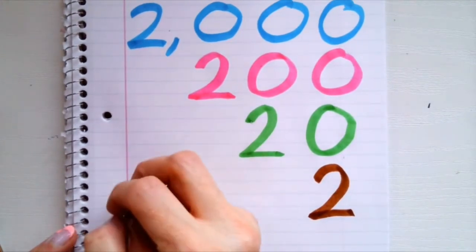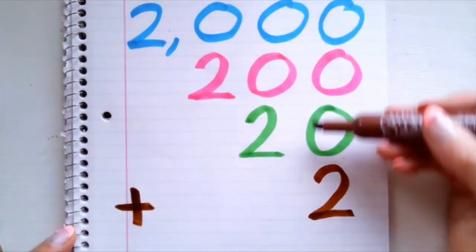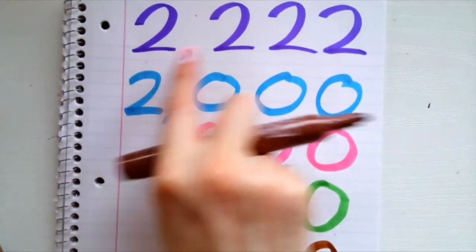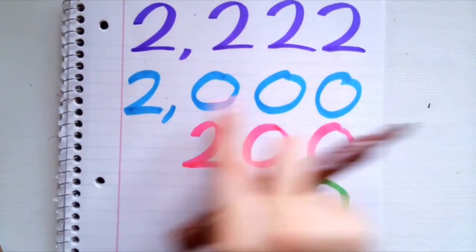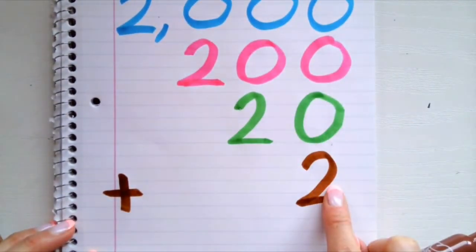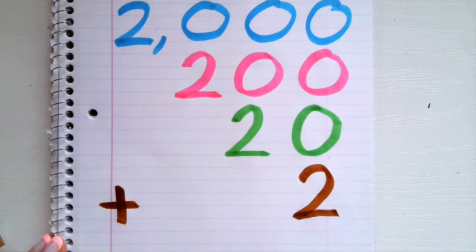When we add these 4 digits together, we get our number, 2,222. This is what we call expanded notation.